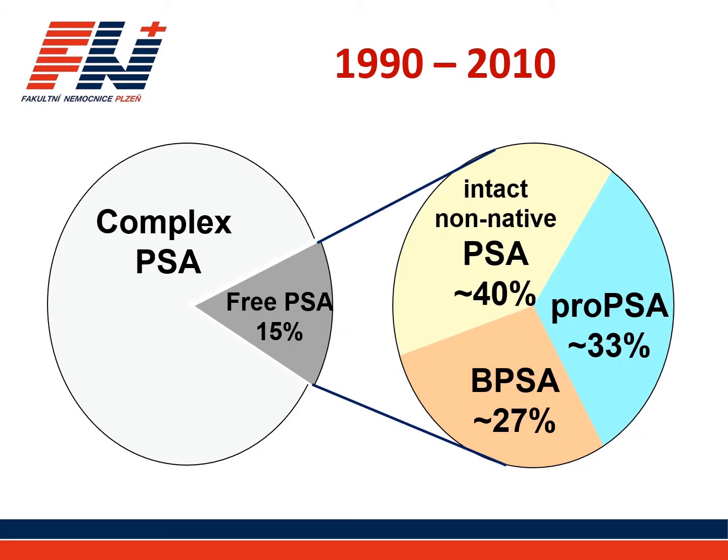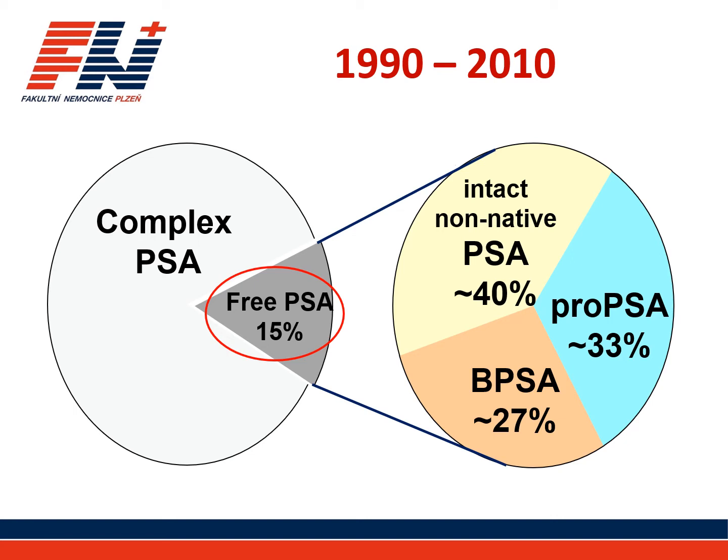Here you can see the forms of PSA which are present in the blood. Here at the left side you can see the total PSA, and in the 90s of the last century we started to measure also the free fraction of PSA, and it was a second very good step in diagnostics of prostate cancer.